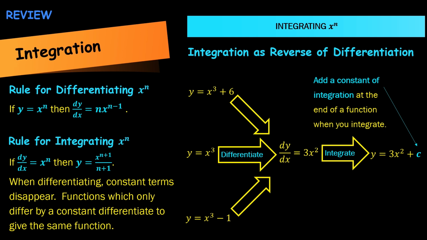And notice here we've added a constant of integration. So, if f dash of x equals x to the power n, then f of x equals x to the power n plus 1 divided by n plus 1 plus c, where of course n does not equal minus 1.